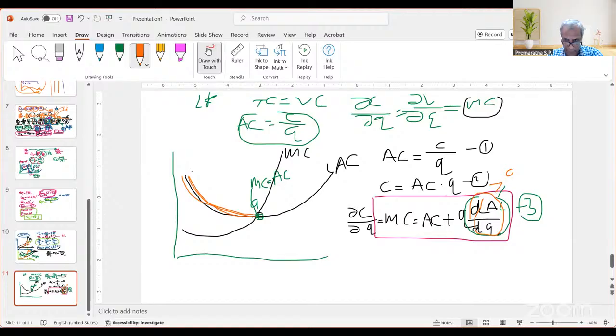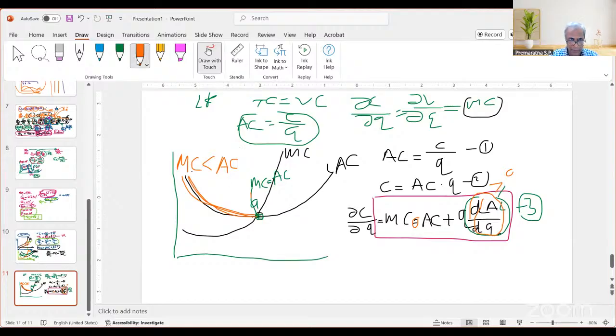Now there, for the slope to be positive, the marginal cost must be greater than the average cost, because the positive term is added to AC to become the marginal cost. So that's what we get here.